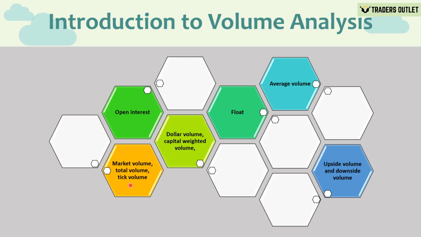In other words, if the share price of a particular stock has moved from $15 to $16, or $15 to $20 in a particular day, then the tick volume would be, let's say we pick a range between those movements, let's say $16 to $17. So tick volume would be how many shares exchanged hands, how many transactions happened between that price range of $16 to $17. Right? So these are more general definitions.